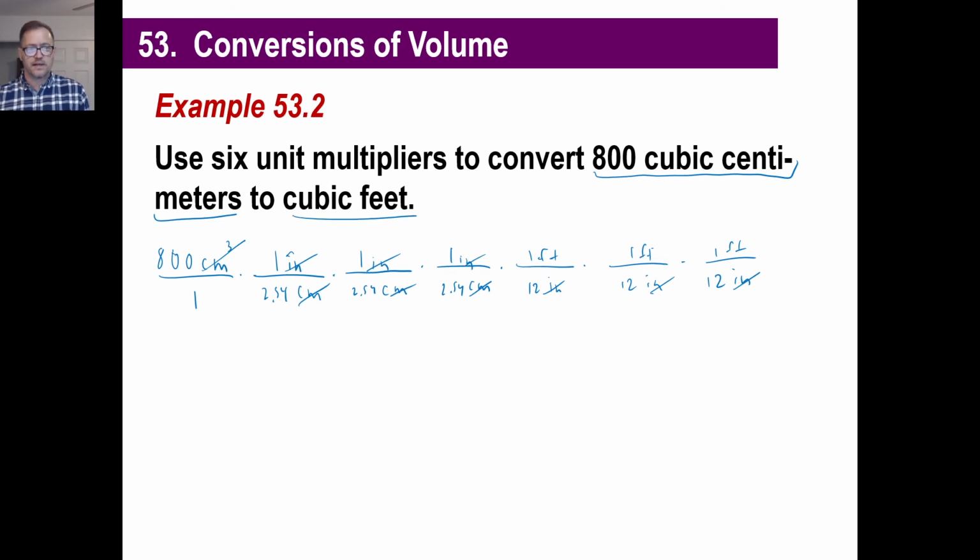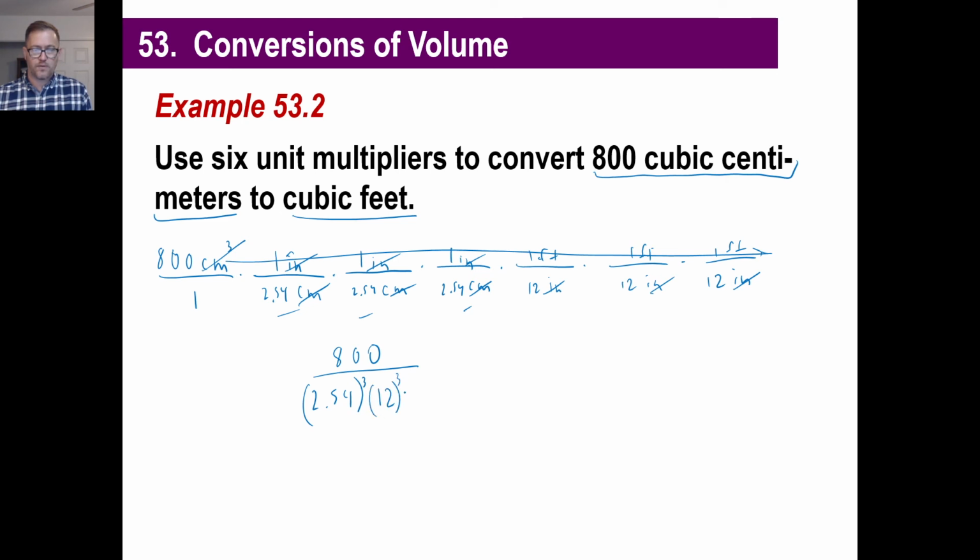Now the nice thing is, again, you don't need to do all this arithmetic. Just write your fraction. 800 times 1 all the way across, 800. All right? Then you have 2.54. That is going to be 1, 2, 3 of them, so just cube it. And then 12 inches 3 times, it'll be just 12 to the 3rd power. You want to put parentheses, you can.